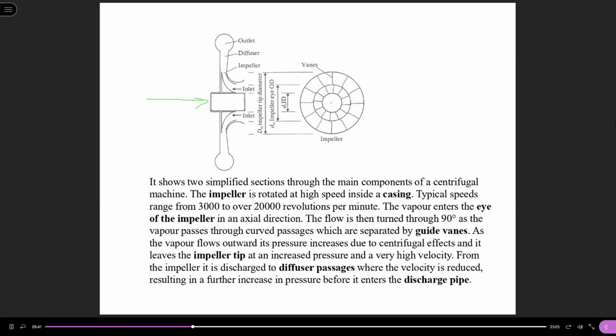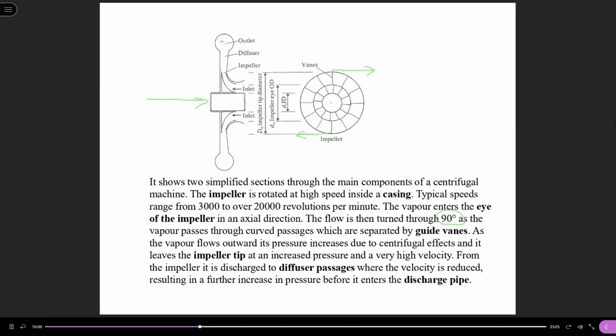The flow is then turned through 90 degrees as the vapor passes through curved passages, leaving in the direction of the passage.